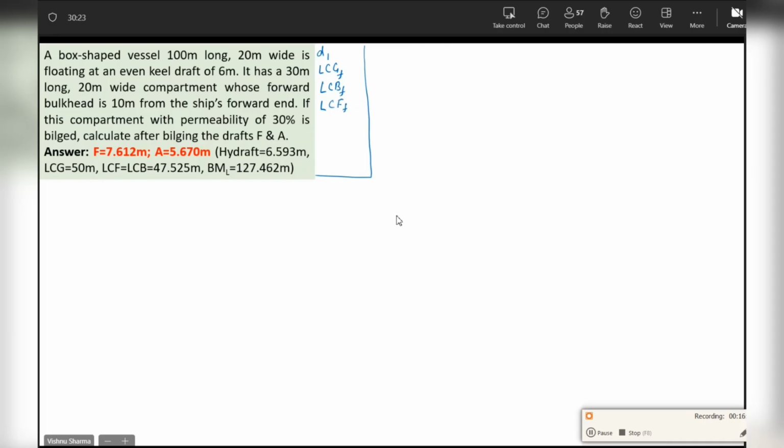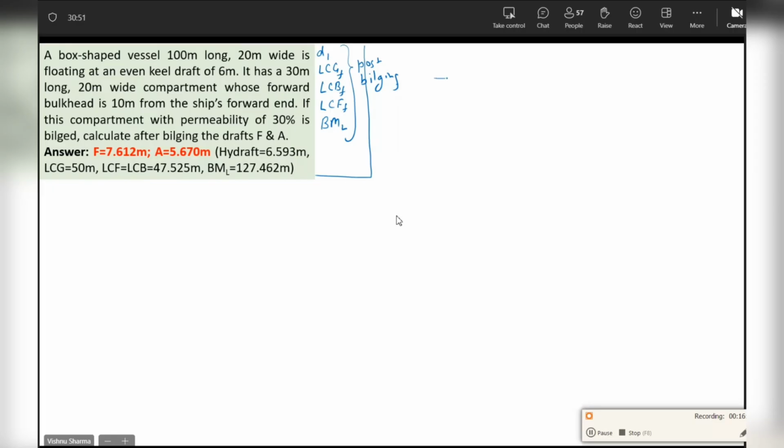And once the center of flotation is found, we can find the BML after bilging. These are all post-bilging values. And once they are found post-bilging, I can close out the question without any problem. Do you agree, guys? Do you agree? Yes, sir. Yes.